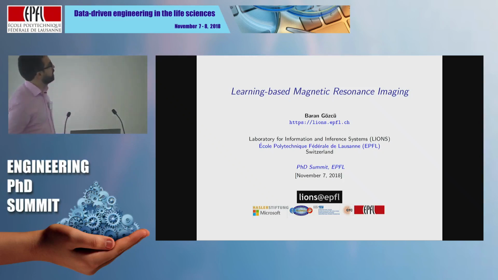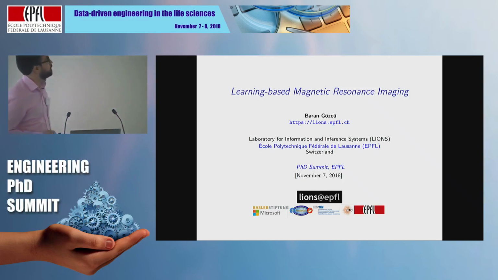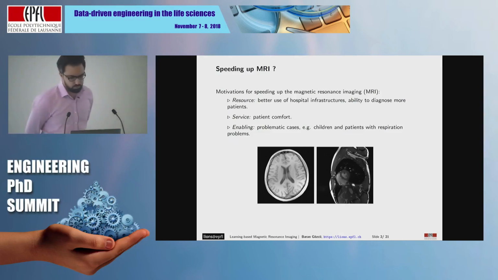Today I will talk about magnetic resonance imaging scan designs that are learned directly from data. Magnetic resonance imaging, my colleagues were also talking about them. It's quite an important imaging modality.